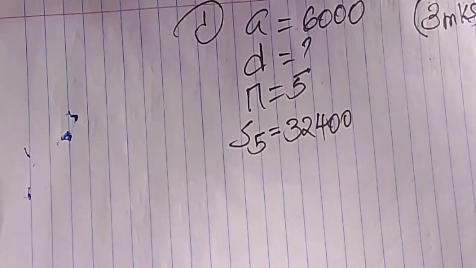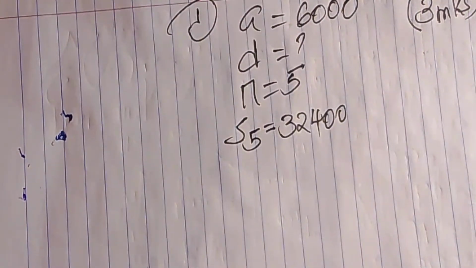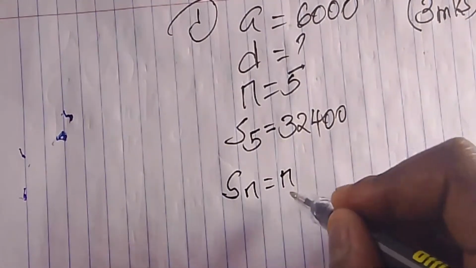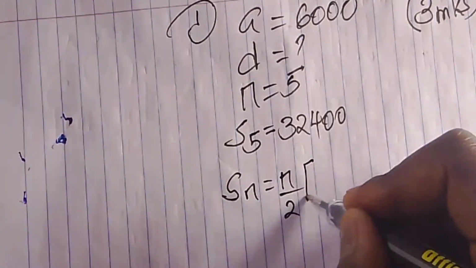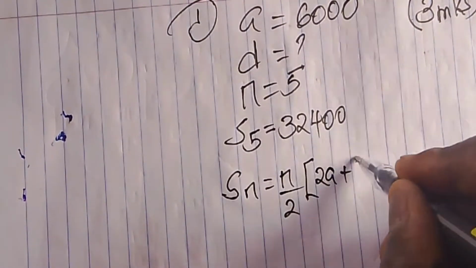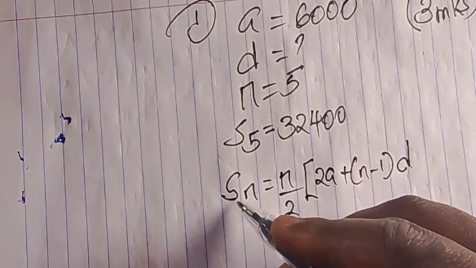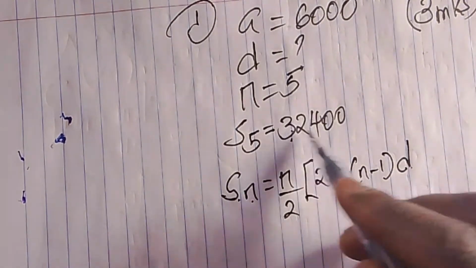Juu anaongezewa annually. So remember the formula ya kutafuta sum tumesema ni nini? Sum of N is equals to N over 2 into brackets 2A plus N minus 1 D. Kwa hivyo the sum of N already tuko nayo ni the sum of 5.